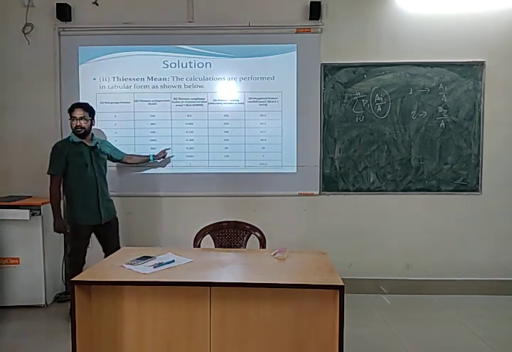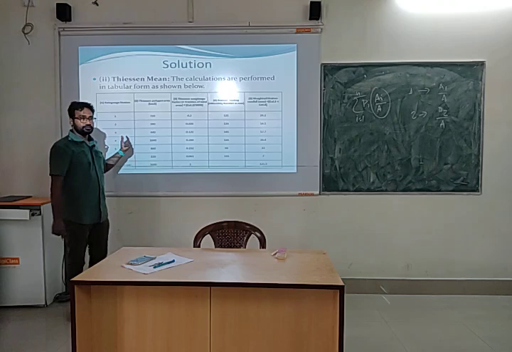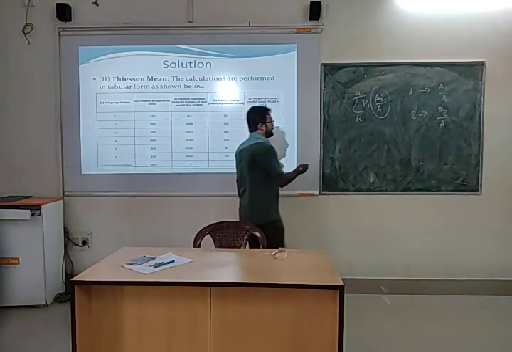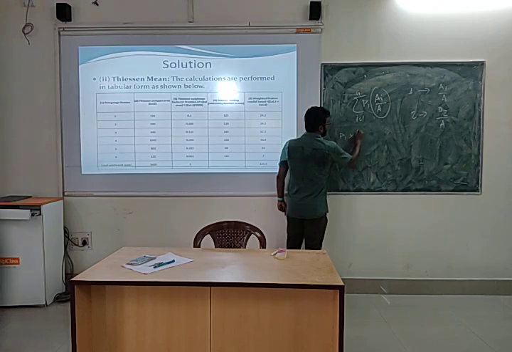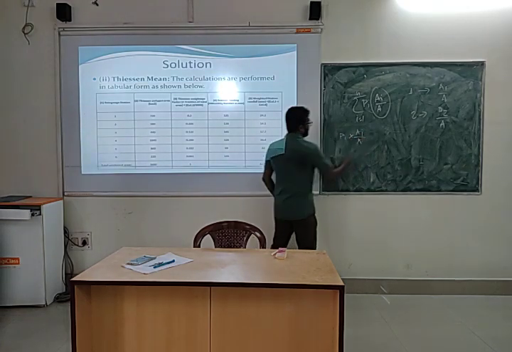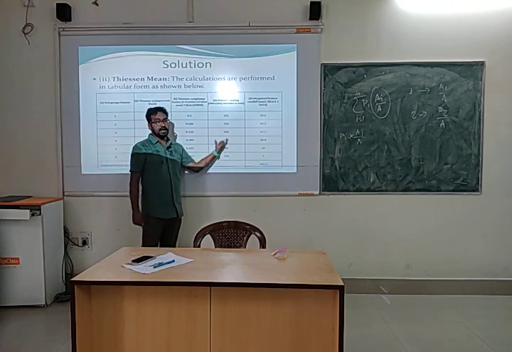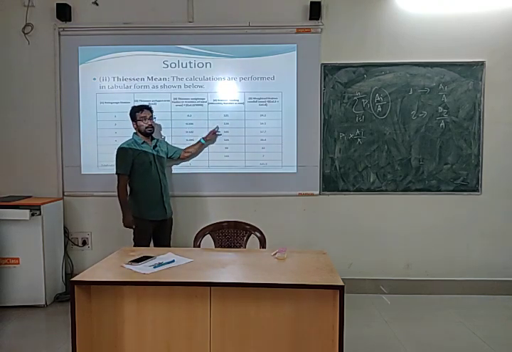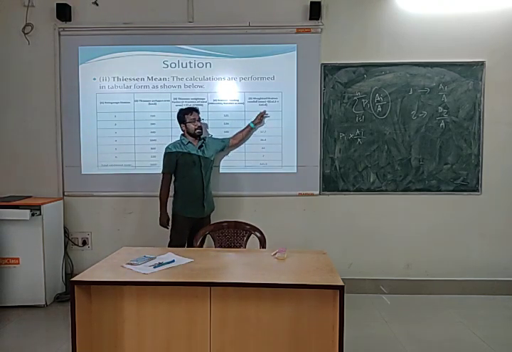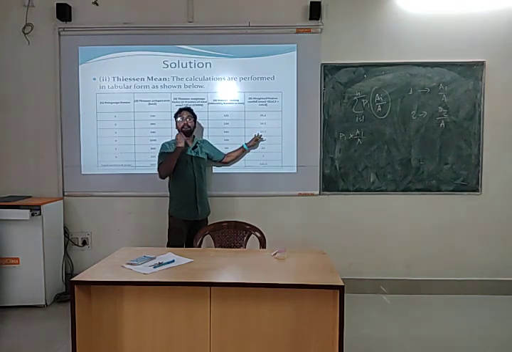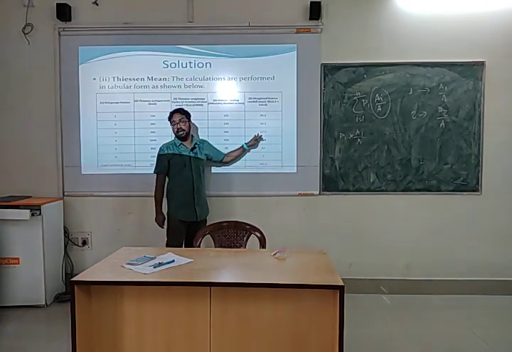Those are the given data, right? Now what is the formula? The formula is Pi multiplied by Ai by A. Simply multiply column number 3 and column number 4, and you will get Pi multiplied by Ai by A.